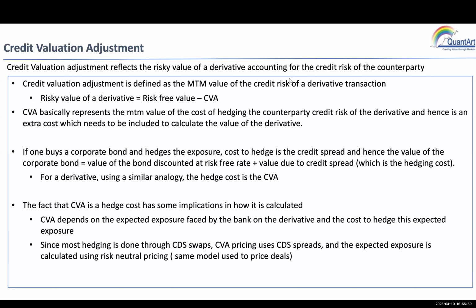Logically, if A is doing a deal with B, I will simply look at what my exposure on B is, then what the probability is that B will default, and if B defaults, how much of that exposure is lost. So it's simply exposure times probability of default times loss given default. This is the standard way of looking at it. CVA is calculated like this.